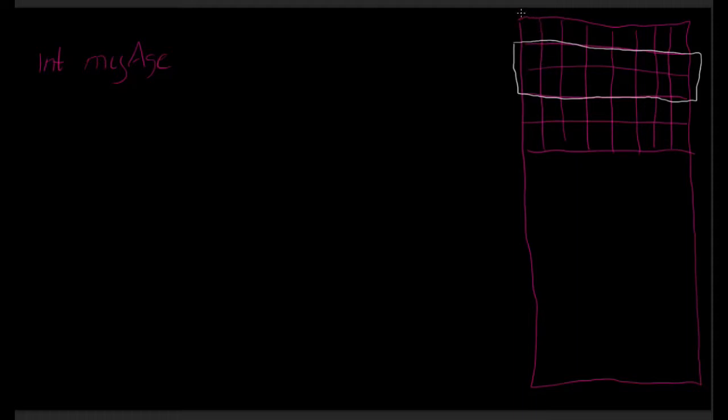It could be an old chunk of memory. But when I say int myAge and then my semicolon, it's going to simply say, okay, I need to reserve a chunk of memory, and this chunk of memory is going to have the label myAge.